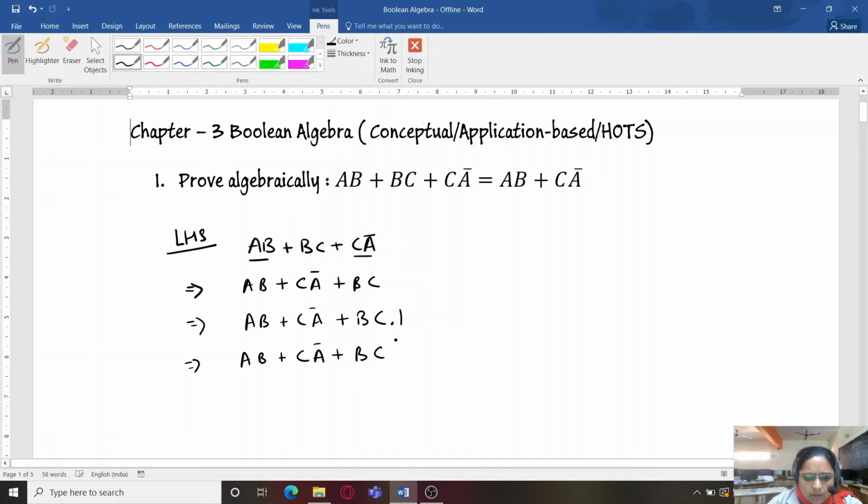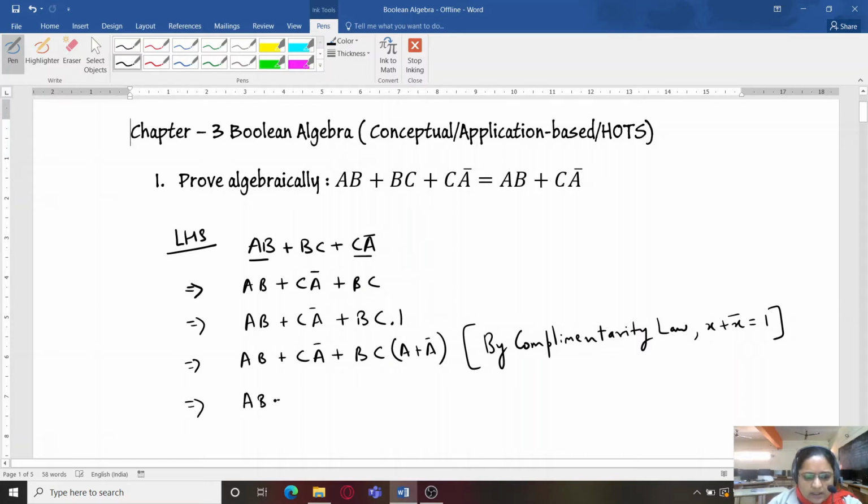And this 1 can be written as A + A', that is by the complementarity law: x + x' = 1. So this 1 can be replaced by A + A'. Now I will just expand the terms. Here it will be BCA + BCA', as I have expanded the terms.